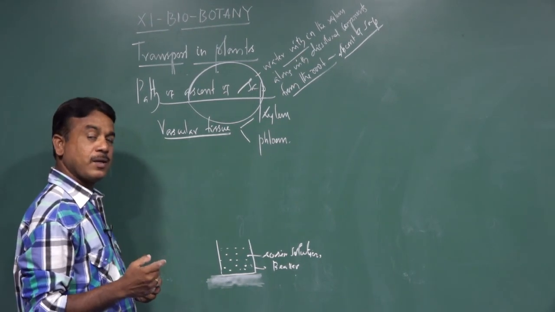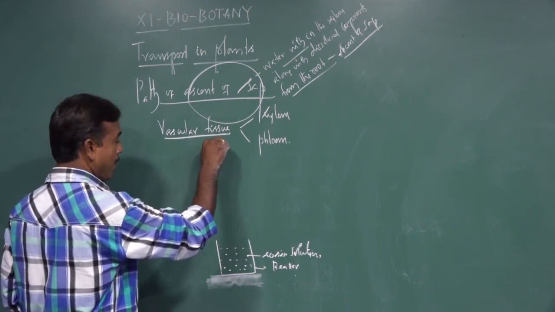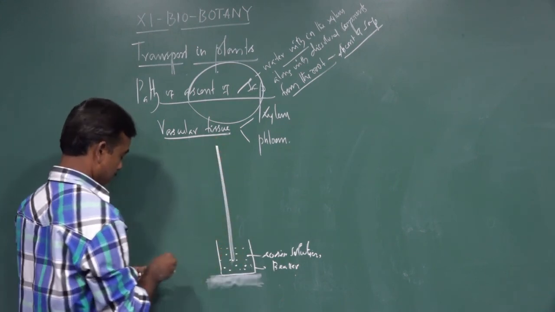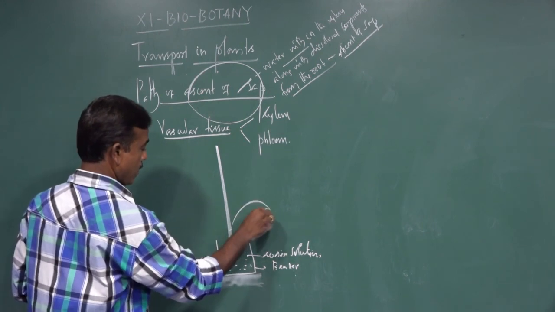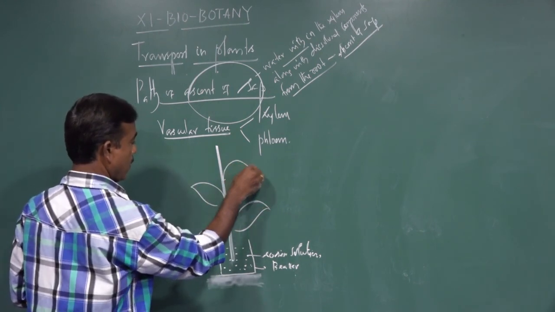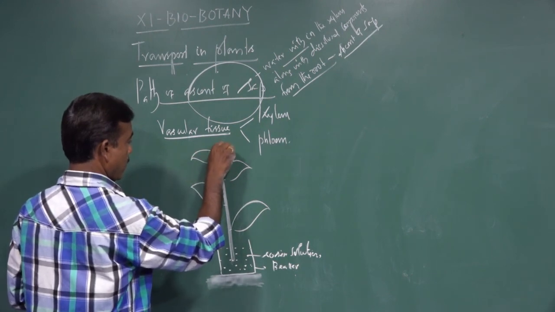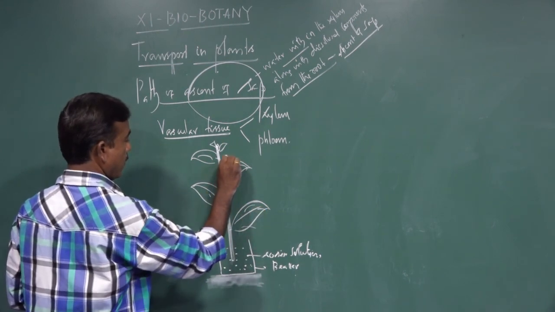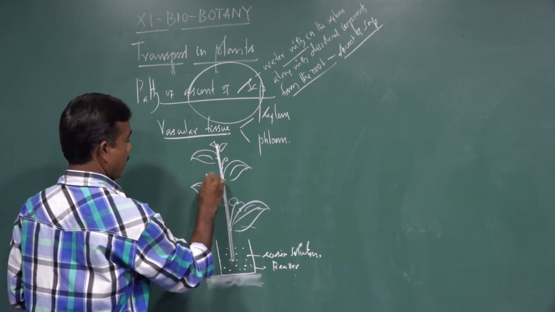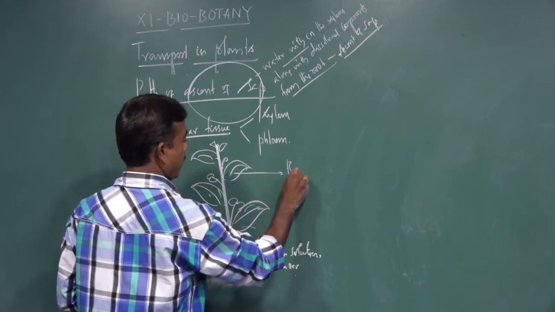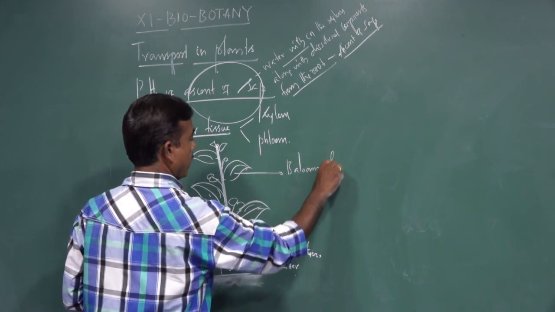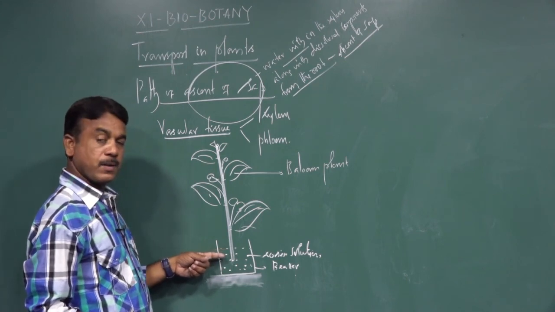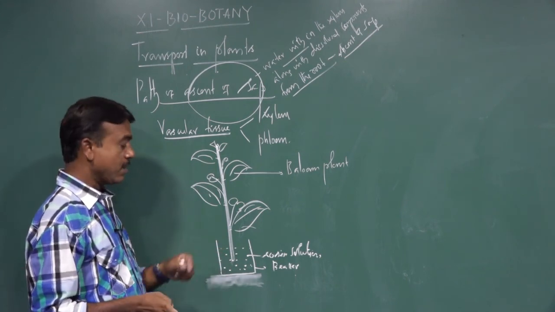So you select a small branch of a balsam plant and keep it in the beaker containing eosin solution.